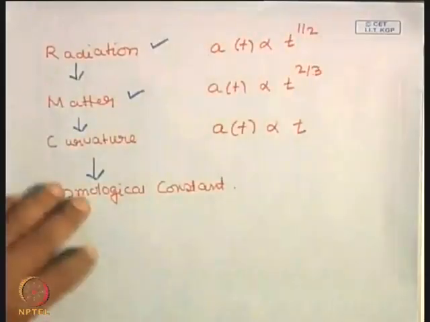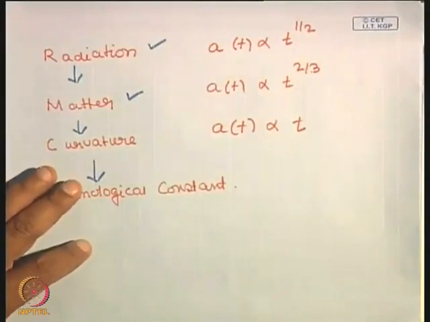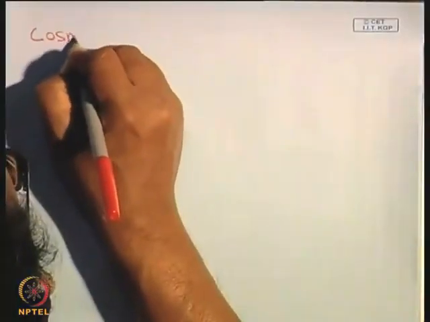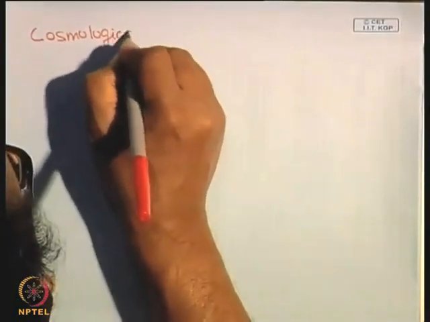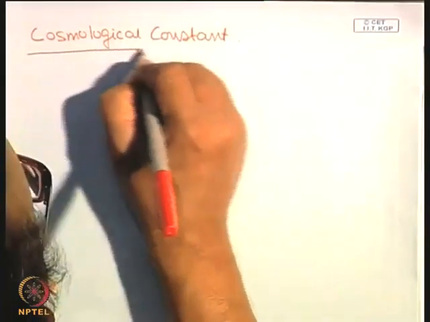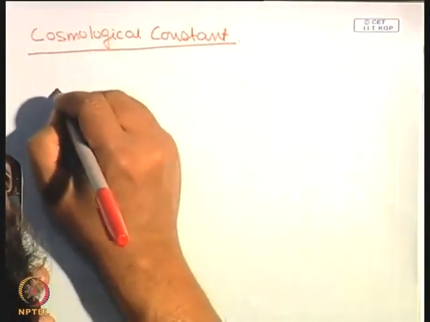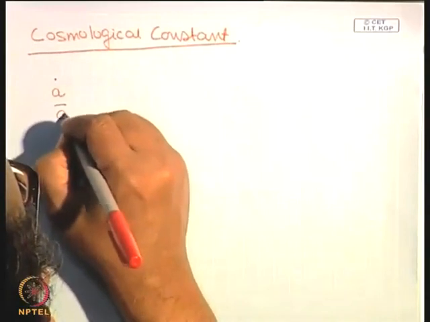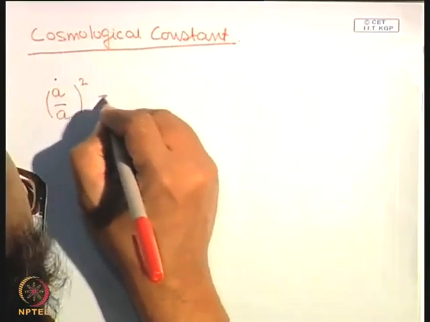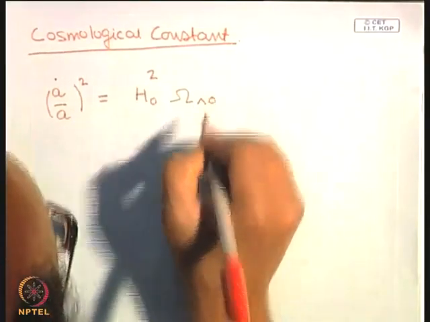So in a model with a cosmological constant, the equation that you have to solve is (a dot by a) square is equal to H naught square Omega lambda naught.